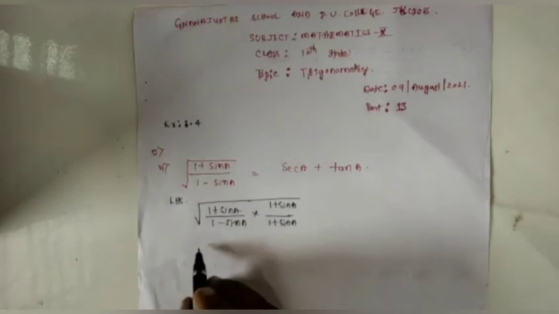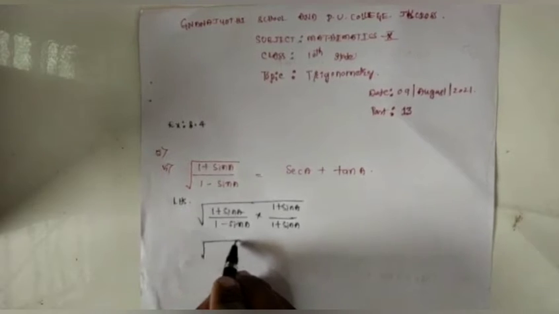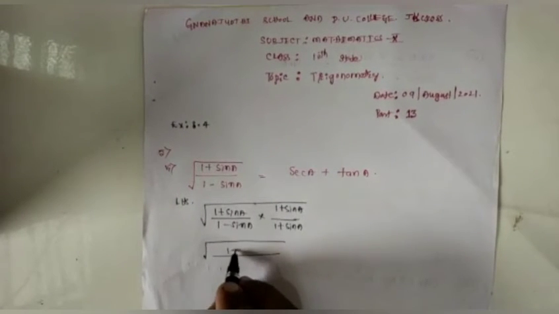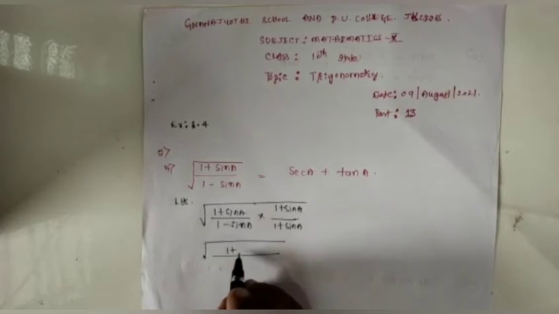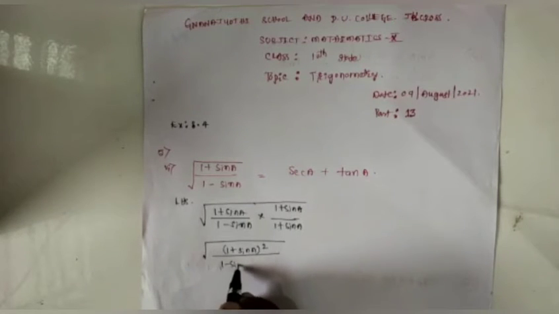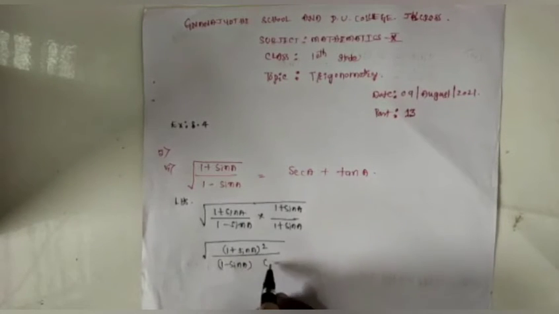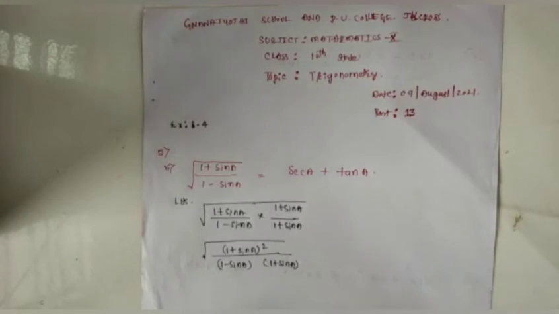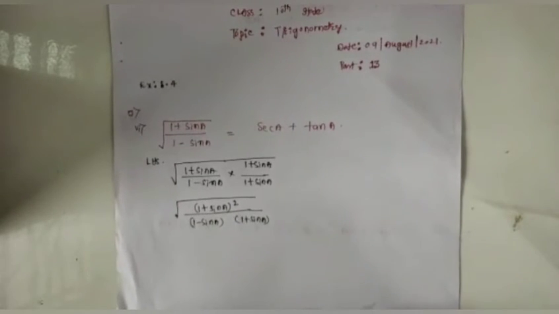When we multiply numerator to numerator and denominator to denominator, we get 1 plus sine a whole square divided by 1 minus sine a into 1 plus sine a.